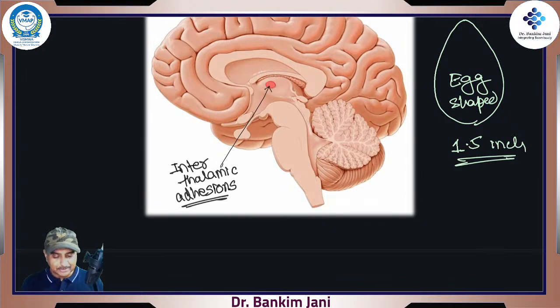So temporarily it is called interthalamic adhesions, not commissure, because fibers going to the opposite side, are they really carrying the impulses from one side to the other, or are they functioning independently? There is so much debate. That's why it is called adhesions, right? So that is interthalamic adhesions.